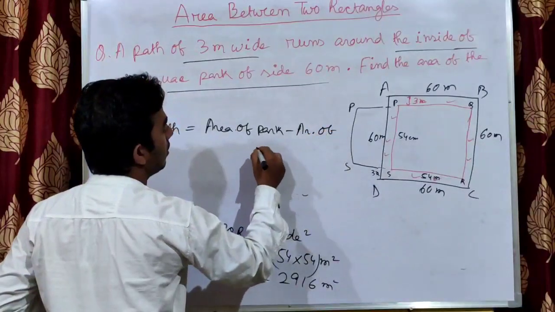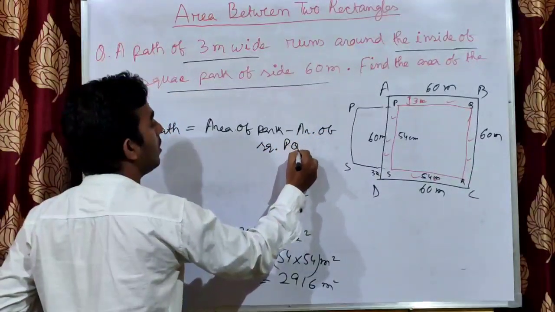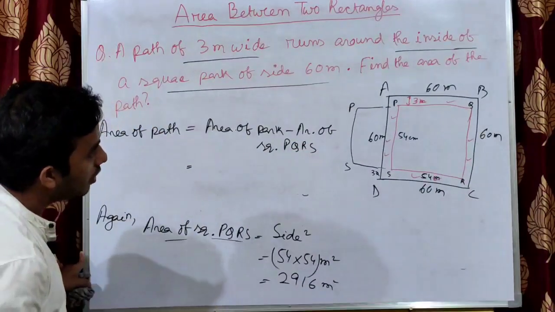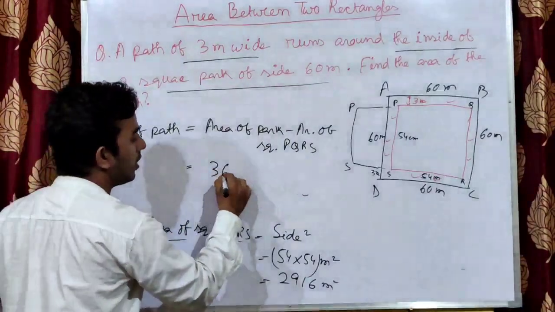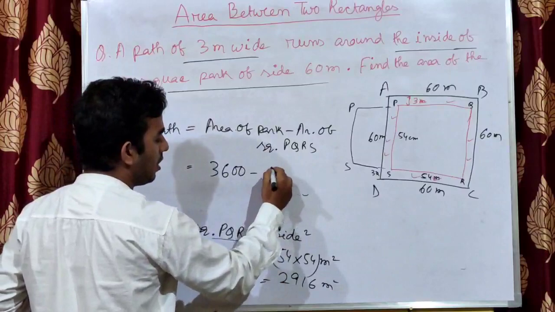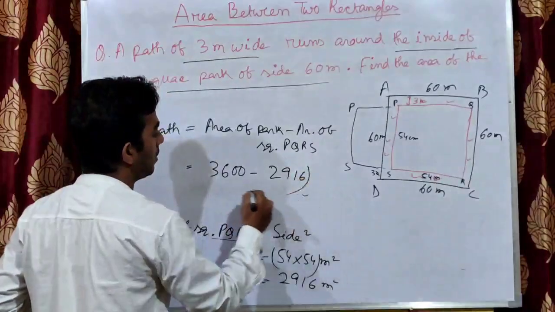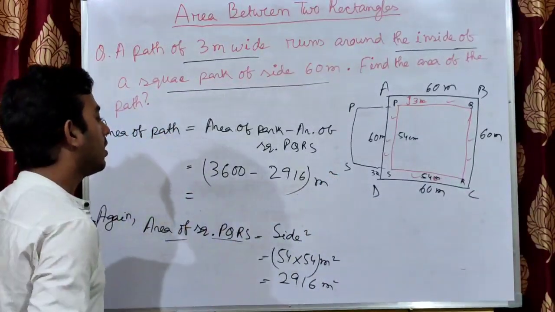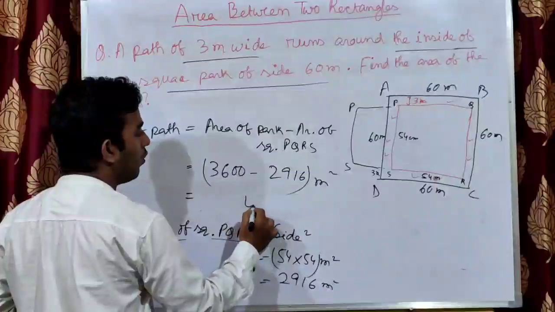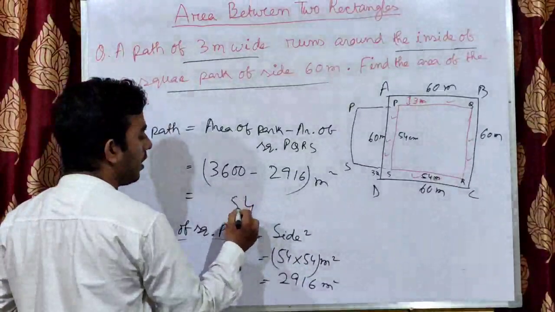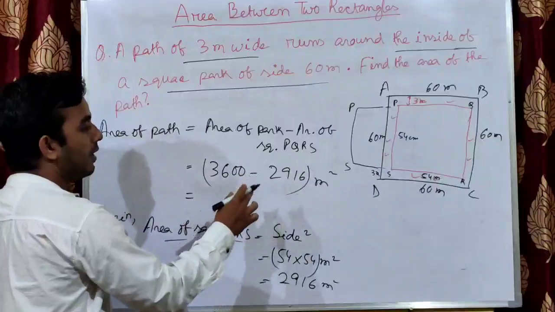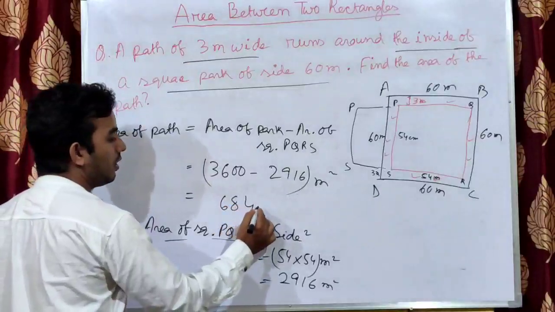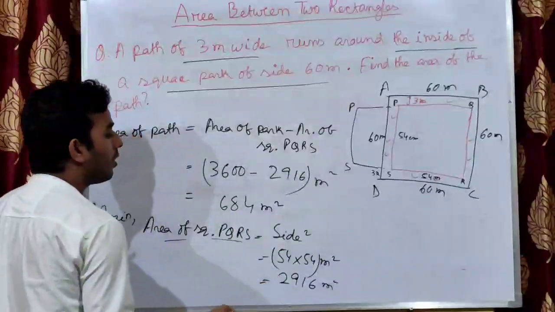The area of the park was 3600, right? 3600 minus 2916, and if we take common, meter square. So if we subtract, 10 minus 6 is 4, 9 minus 1 is 8, then 15 minus 9 is 6, it gives us 684 meter square.